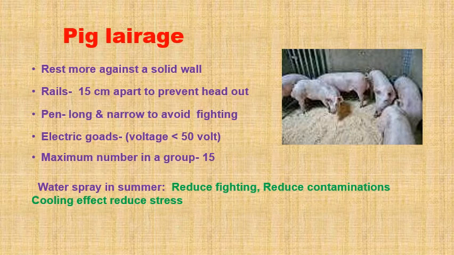The maximum number in a group should be kept within 15, and there should be an arrangement for water spray, particularly in the summer, which helps in reducing fighting or contamination, or it has a cooling effect that reduces the stress before slaughter and improves the meat quality.